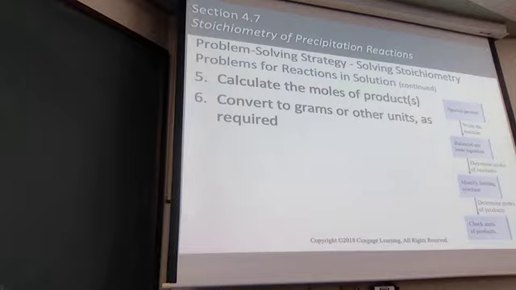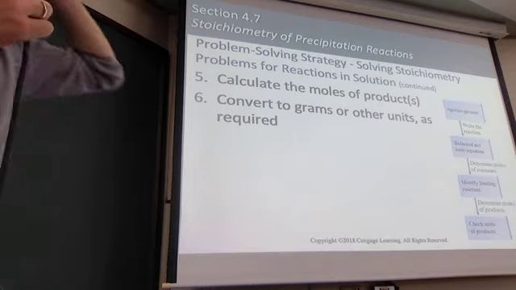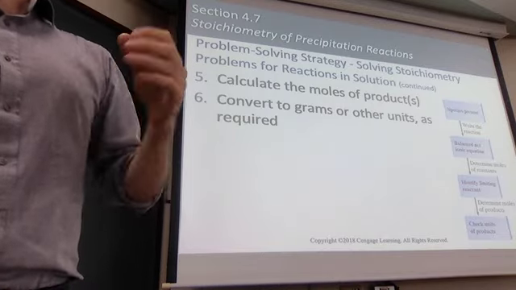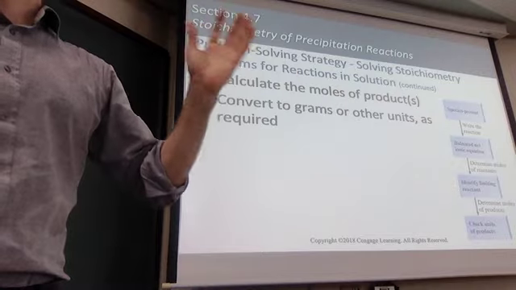Get the net ionic equation, identify what is limiting, because you might have more barium than sulfate, right? They don't need to be exactly balanced. So you could, for example, use the same ion from another solution and you could combine them.